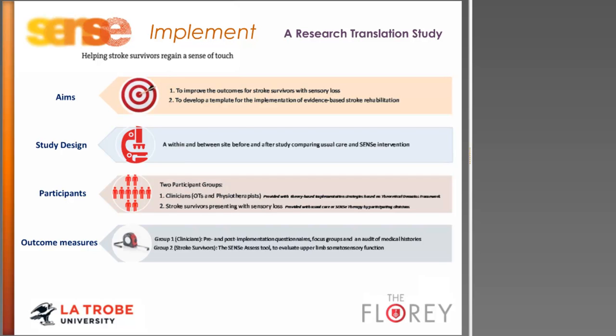So the idea is to gain some information through the research to see what might work, and then develop a bit of a template that might guide others in translational activities. So the study design is a within and between site before and after study, where we compare usual care, which is what therapists are currently doing, to the SENSE intervention. So in this study, we have 2 participant groups.